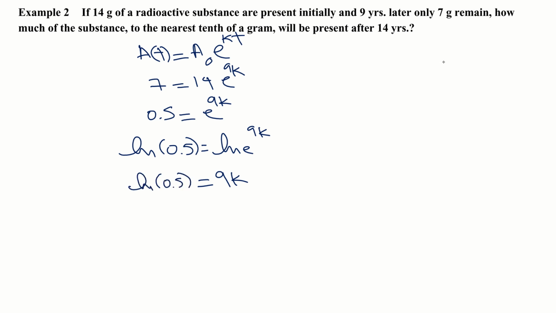So now we divide both sides by 9, so we get k equals ln of 0.5 over 9. Let's go ahead and compute that.